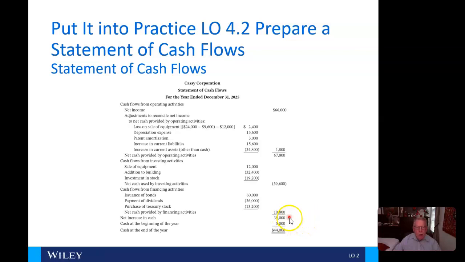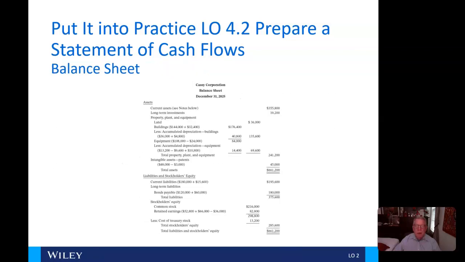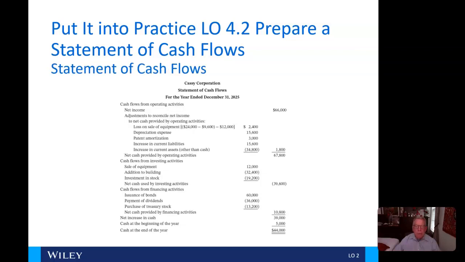So our cash went up $39,000. We had cash at the beginning of the year of $5,000. So our ending cash was $44,000. If I go back to the balance sheet here, it doesn't spell cash out separately, but I will always check.